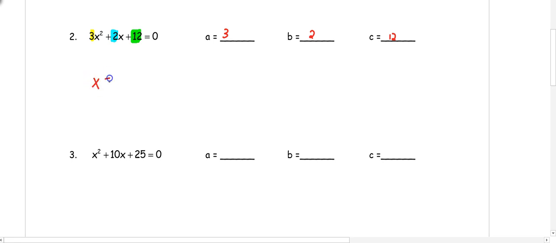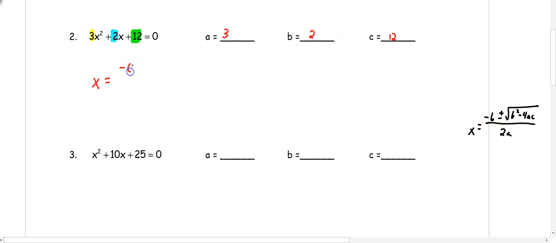We get x equals. Remember that the quadratic formula is x equals negative b plus or minus square root of b squared minus 4ac all over 2a. So when we start substituting, we have negative times the b value.